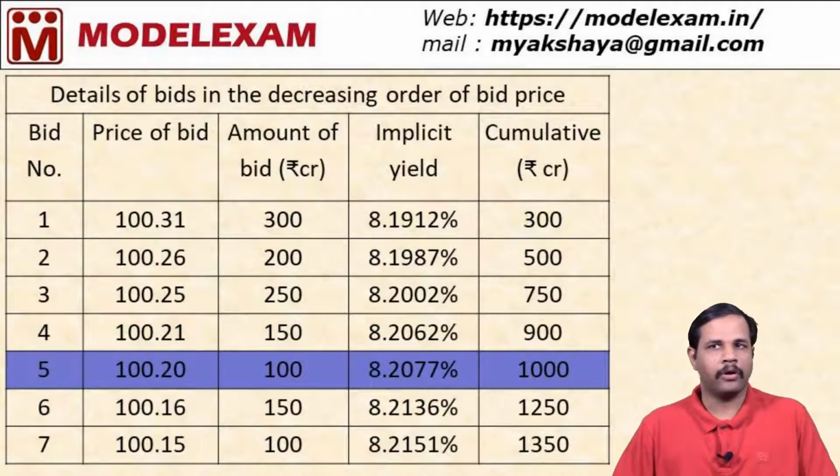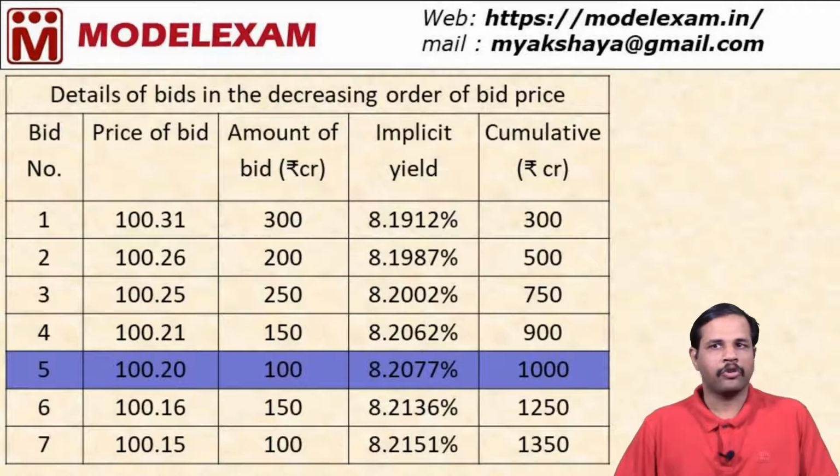See the corresponding yield: for a price of 100.31, the corresponding yield is 8.19. See the second case, the corresponding yield becomes 8.1987. So it is gradually increasing, whereas the price is gradually decreasing. So both are oppositely related. Since the participants quote in terms of price, we are arranging in descending order. So the higher the price, the lower the yield they bid for.